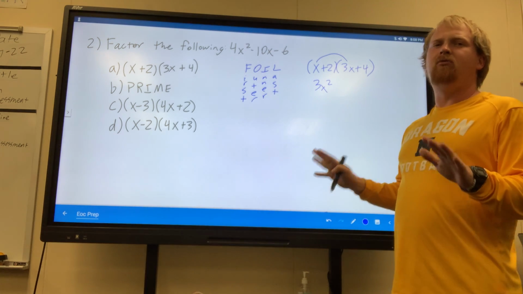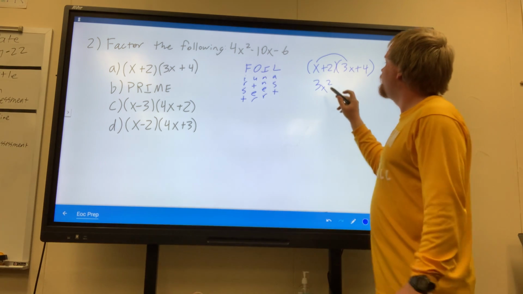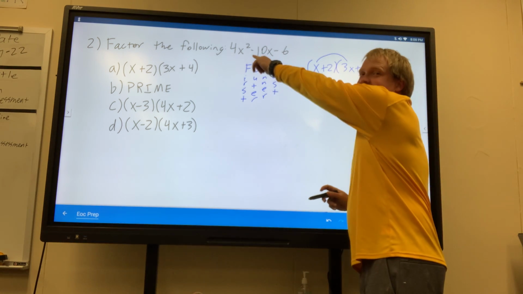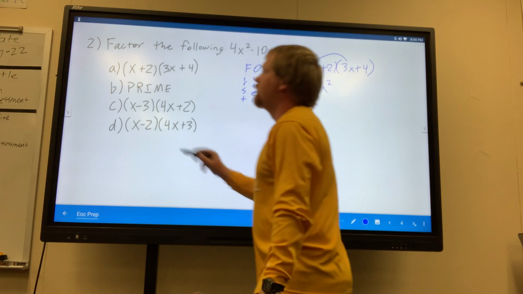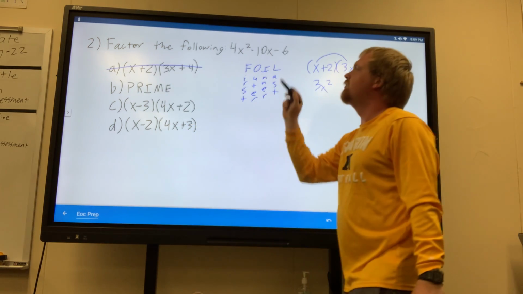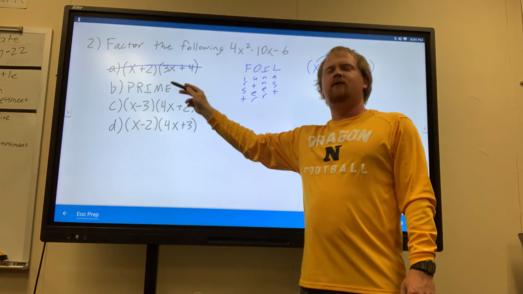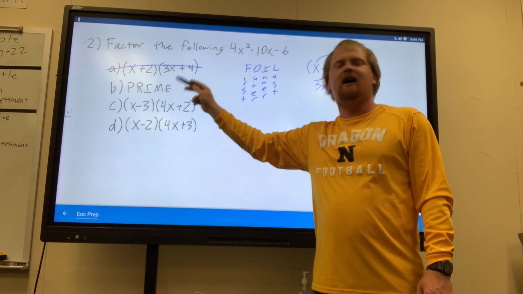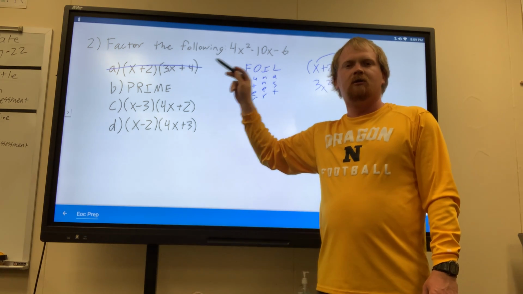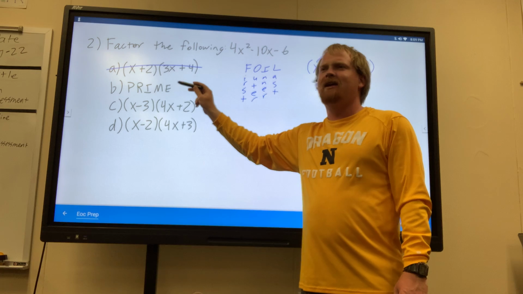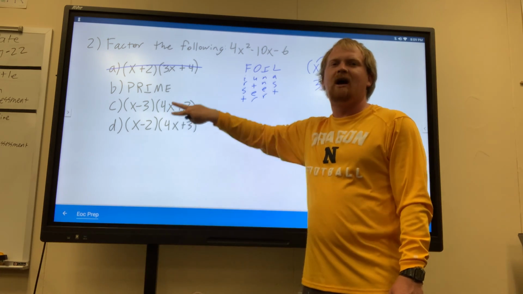Now I want to stop right there, because notice that the 3x squared is not the same as 4x squared. So I can just go ahead and get rid of this. Now I don't know if it's prime yet. Okay, I don't know for sure. But this is going to be my answer if these two do not work out.